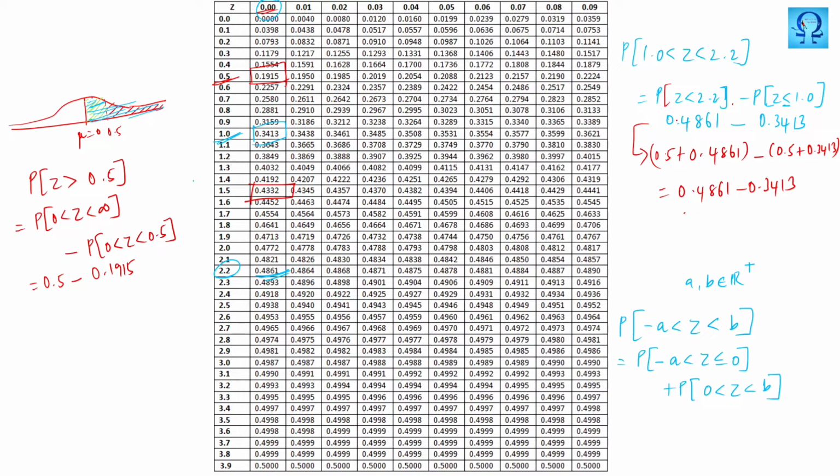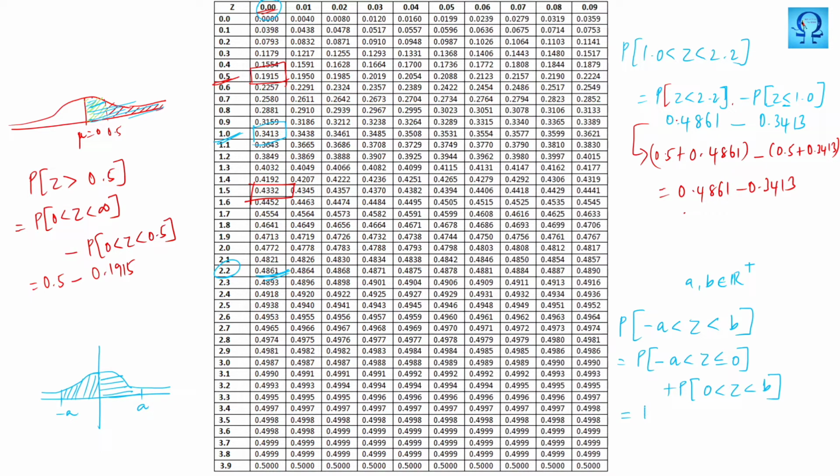Whenever you find the probability from minus some point to 0, this is the same as the probability from 0 to a.